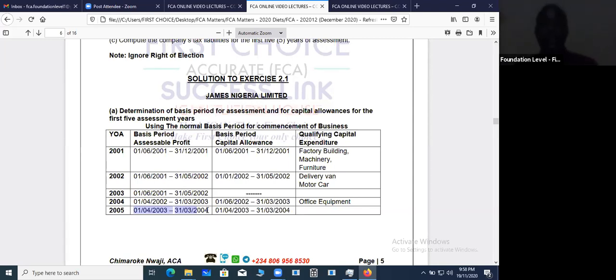Okay, now let's look at the capital allowance basis period. Capital allowance for the first year is always the same as that of profits. Now let's look at the second year. In the second year, there is always an overlap between the first year and the second year.